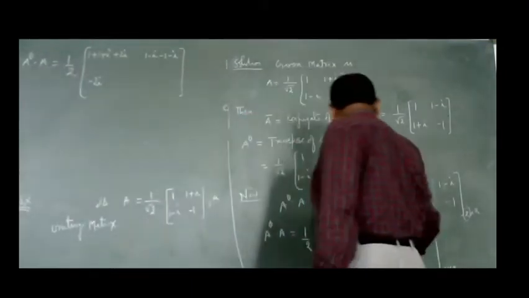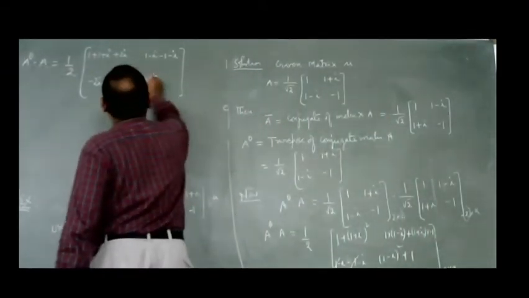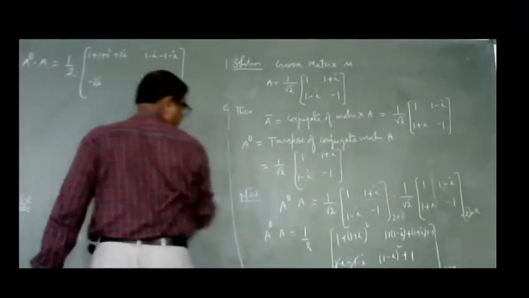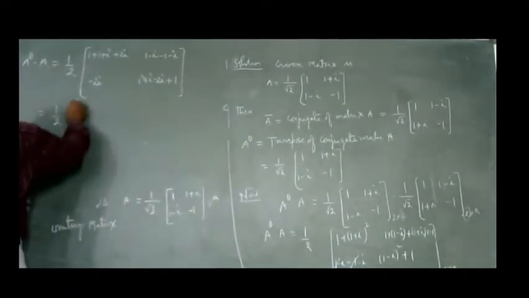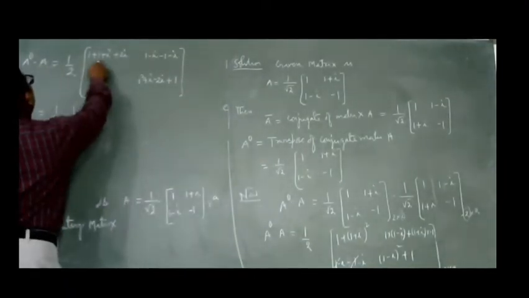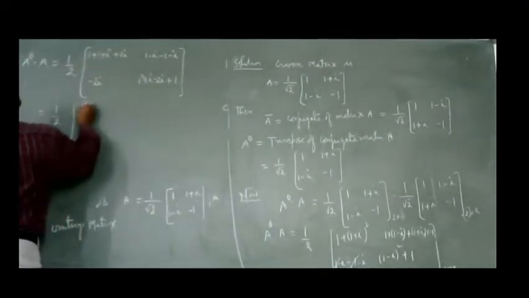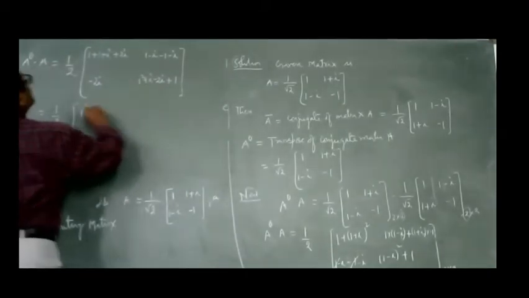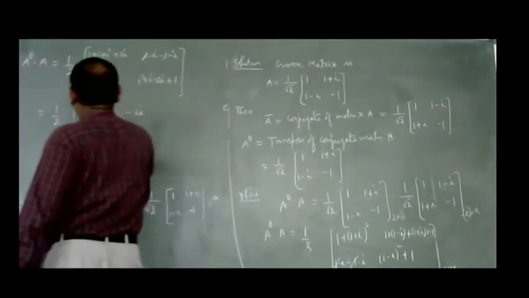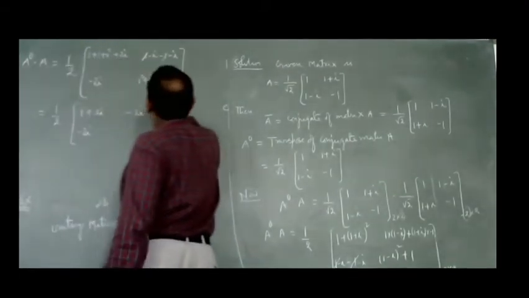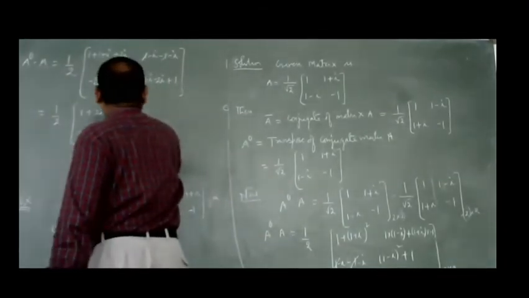And here is 1 squared plus i squared minus 2i plus 1. Again we simplify this, 1 by 2. Because i squared is minus 1, minus 1 plus 1 has cancelled. It is 1 plus 2i. This minus 1 cancelled. It is minus 2i. It is minus 2i. And this minus 1 plus 1 has cancelled. It is minus 2i plus 1.